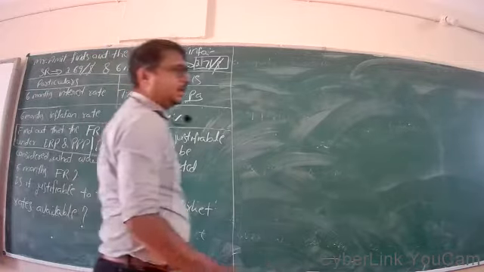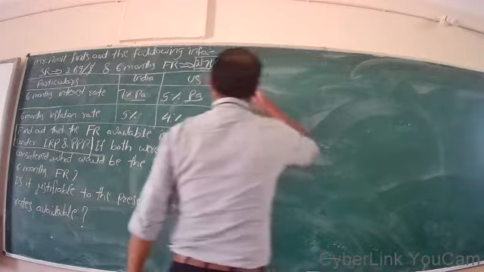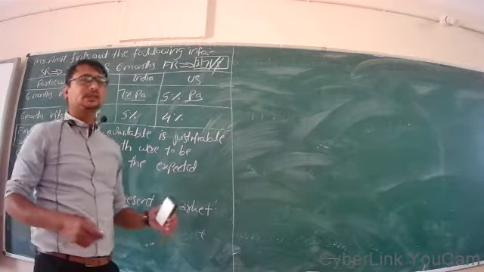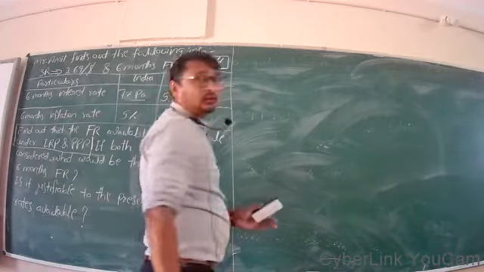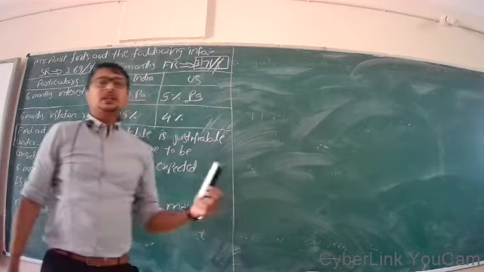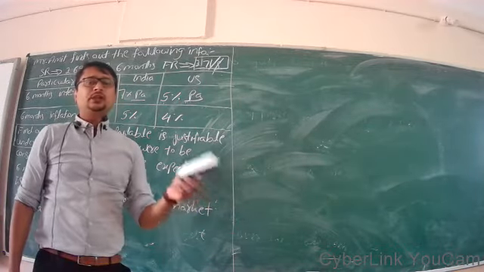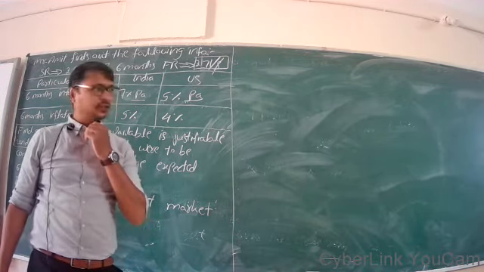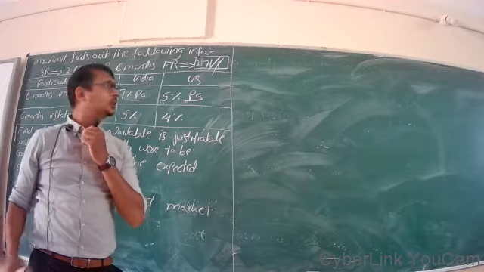Interest rate parity theory is again very easy to remember. It's like purchasing power parity theory only. For purchasing power parity theory, the formula was new exchange rate, that is P1, is equal to P0 into 1 plus inflation in home country divided by 1 plus inflation in foreign country, IH divided by IF.